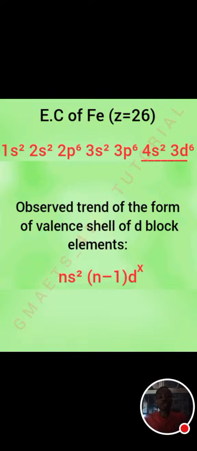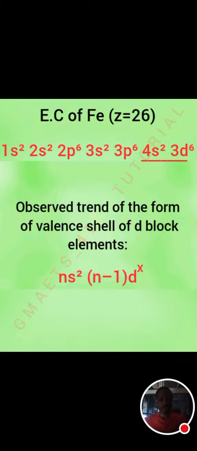So the outermost shell of D block elements follows this format: ns2, where n represents the principal quantum number, the highest principal quantum number in the electronic configuration. For example, in the case of iron, the highest principal quantum number is 4. In the 4s2, that 4 is the highest principal quantum number.